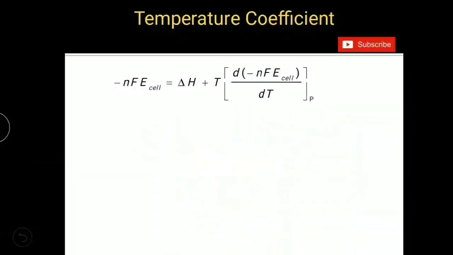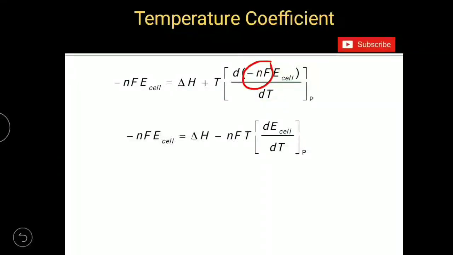So minus nFE cell potential is equal to delta H plus T into d of minus nFE cell by dT at constant pressure. In this expression, nF can be taken out from the differentiation because both of them are constants. n is the number of electrons involved in the electrode process and F is Faraday.